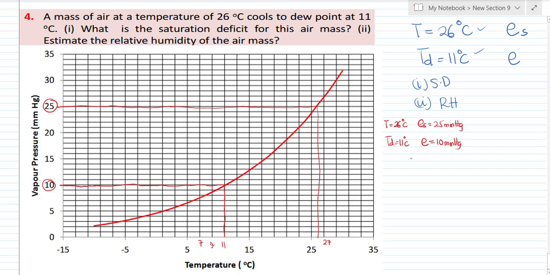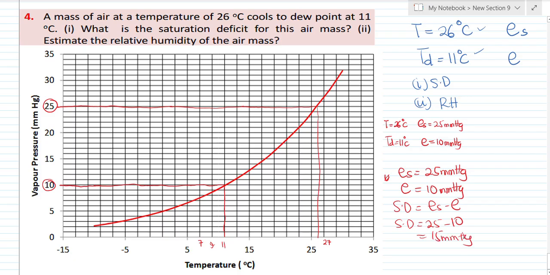So now let's come to the question itself. I can see that my saturated vapor pressure is 25 millimeters of mercury and my vapor pressure is 10 millimeters of mercury. Now my saturation deficit is going to be ES minus E. ES is 25, E is 10. And so I'm going to get 15 millimeters of mercury.